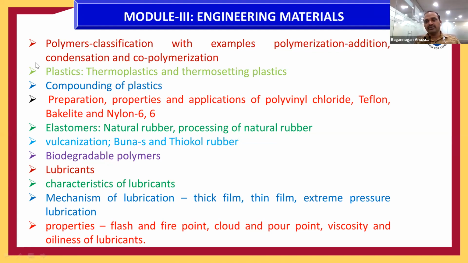Plastics are classified into two types, thermoplastics and thermosetting. Thermoplastics soften on heating and harden on cooling. Thermosetting plastics, after the molding process, can't be softened again; they become hard only. Compounding of plastics means that in the molding process we add some additives to the polymer compounds, and then they show their properties.